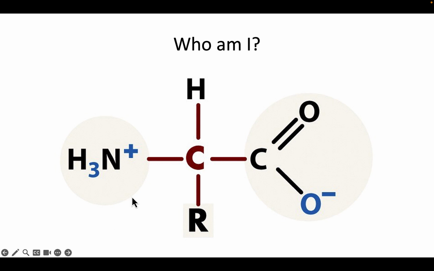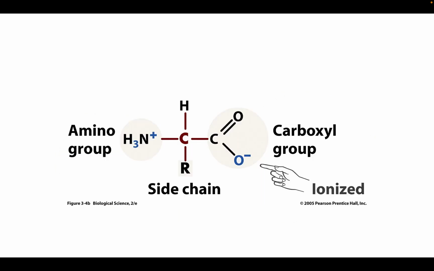But we're concerned about the N here and trying to figure out what type of molecule this is. This molecule is an amino acid. Amino acids have a side chain here that's abbreviated with the R, but this H3N+ is a key part, and that's why plants need nitrogen: to be able to build amino acids.